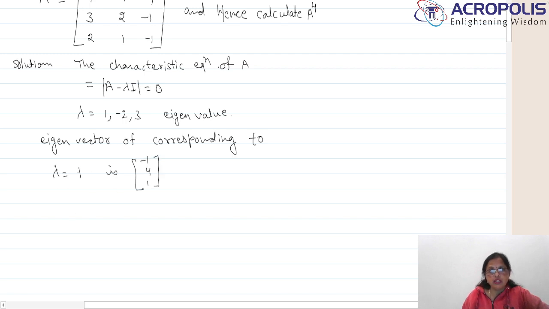You will get this one. If you find it corresponding to lambda equal to minus 2, you get 1, minus 1, minus 1. Corresponding to lambda equal to 3, the eigenvector is 1, 2, 1. You already know how we find these values and these vectors.